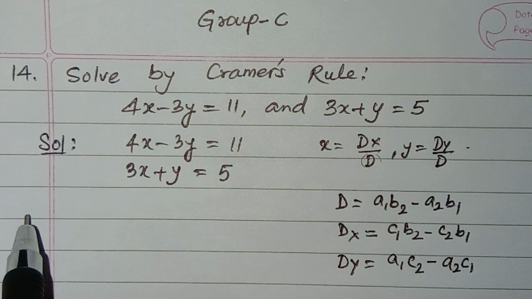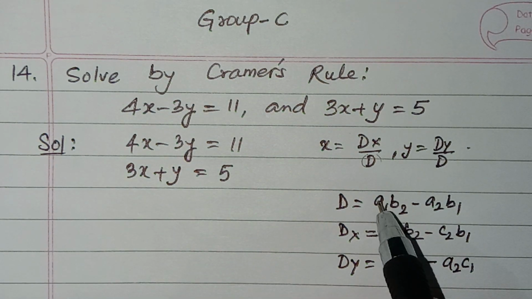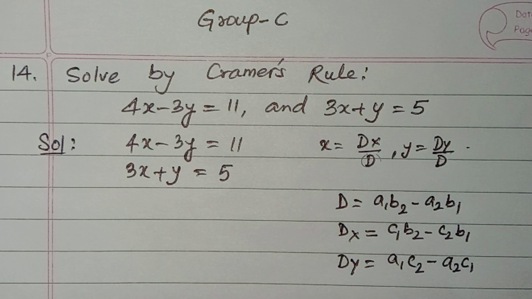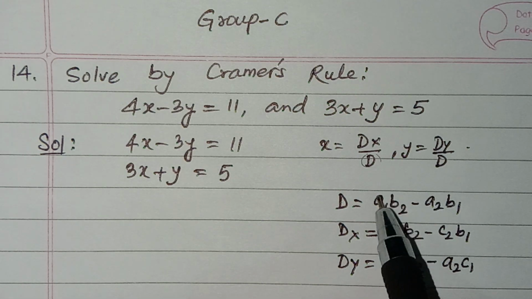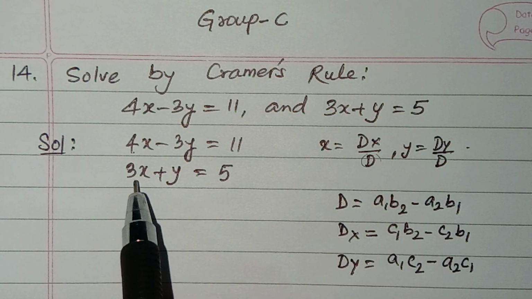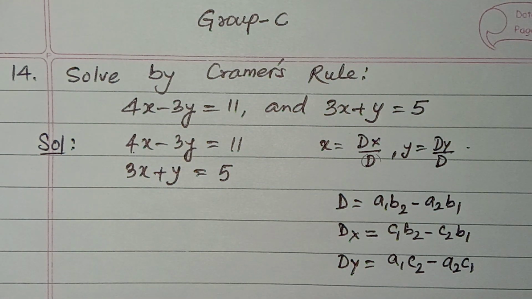First of all, let me say a is the coefficient of x, b is the coefficient of y, and c is the constant term. a1 refers to the coefficient of x in the first equation, a2 means the x coefficient of the second equation. Similarly, b1, b2, c1, c2 refer to equations 1 and 2.